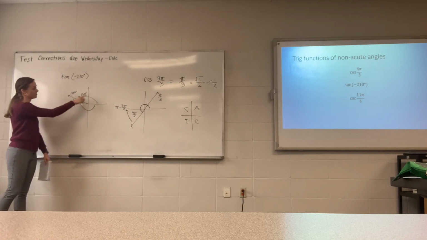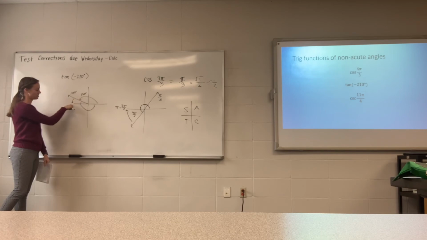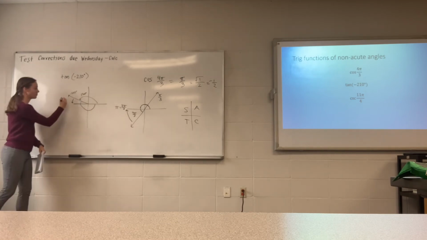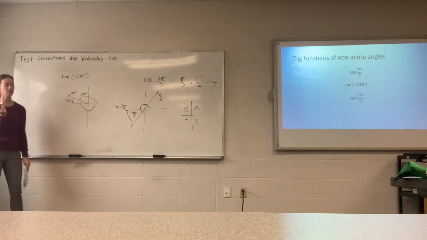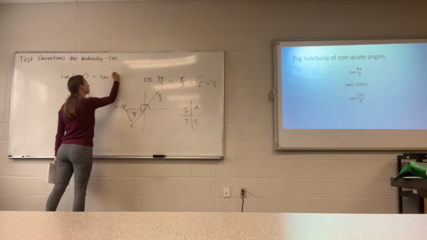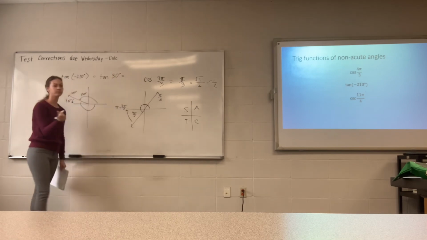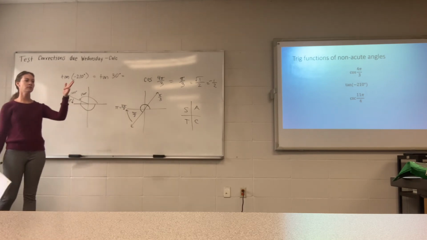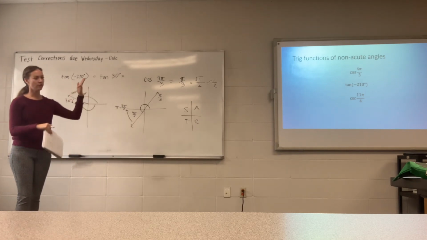Yeah, 30, because if this is 150 and this is 180, I need 30 more. So my reference angle is 30 degrees. So really I'm finding my tangent of 30 degrees. Now, 30 degrees, what finger is that? My ring finger. Okay, so how do I figure out tangent?